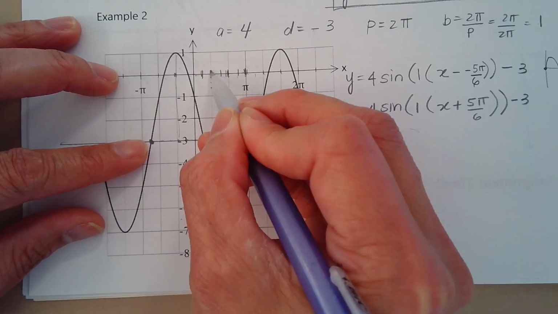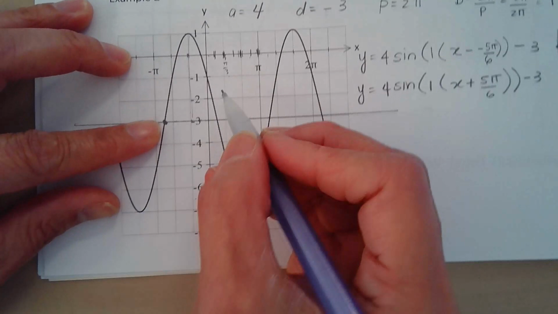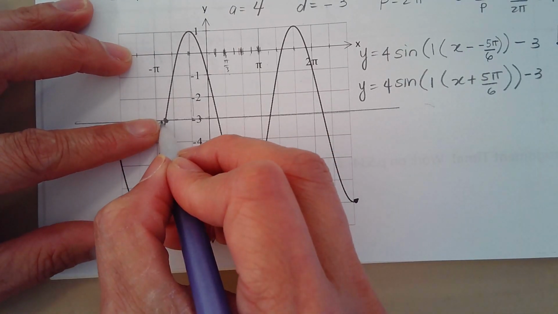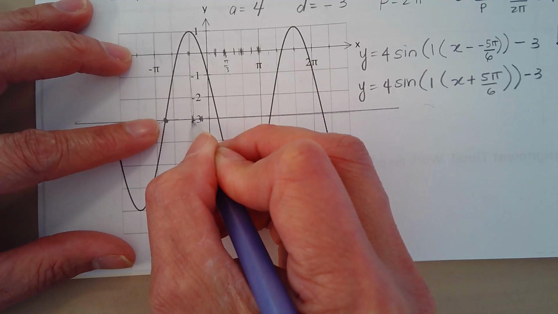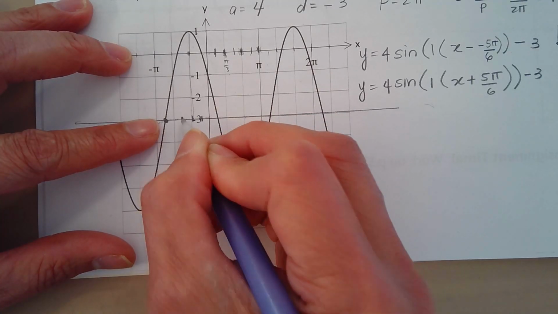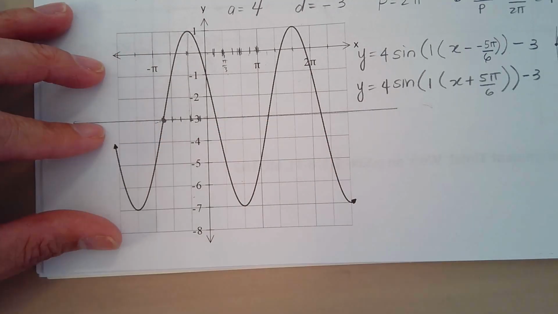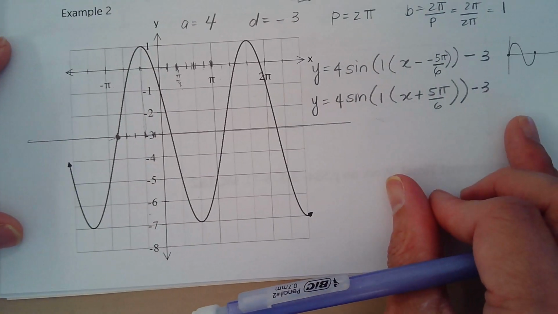Each one would be pi by 6 if we cut it in halves. Now it starts over here, so I'm going to count this way by pi by 6: 1 6, 2 6, 3 6, 4 6, 5 6. And it's going to the negative, so it's negative 5 pi by 6.